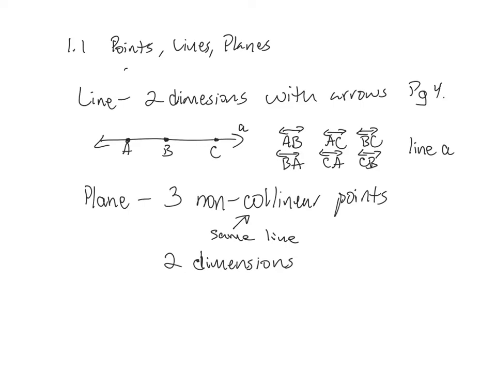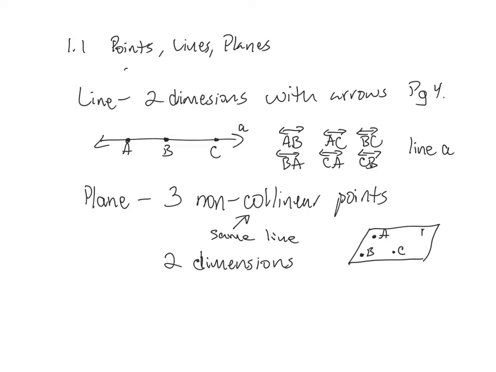So if we were in my classroom, I always talk about the planes as being the walls and the ceiling and the floor. So they oftentimes in the book will look like a rectangle sometimes, or a parallelogram. Okay, and so you could have point A, a point B, a point C. So I could not draw a line and connect all 3 of those, so they make a plane.